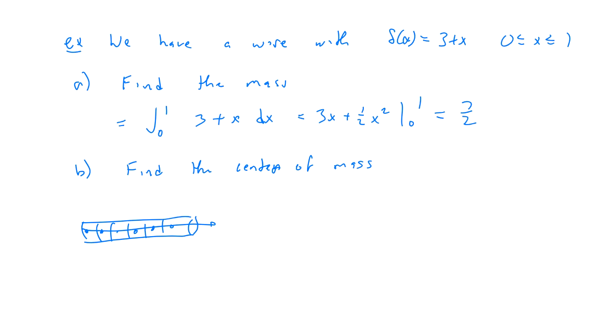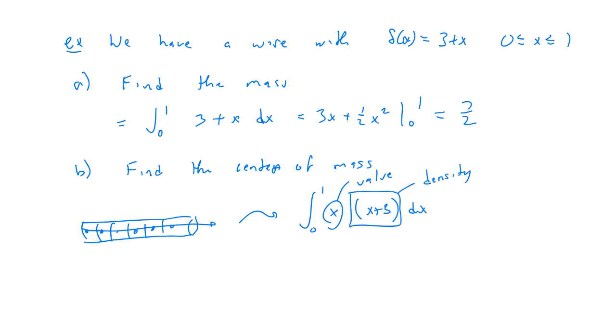And here I'm just going to skip straight to saying, okay, so what I'm going to do is multiply x, not sure why I switched the order there, multiply the x value times the density, and divide by the total mass.